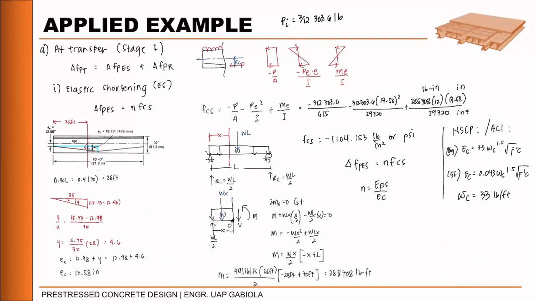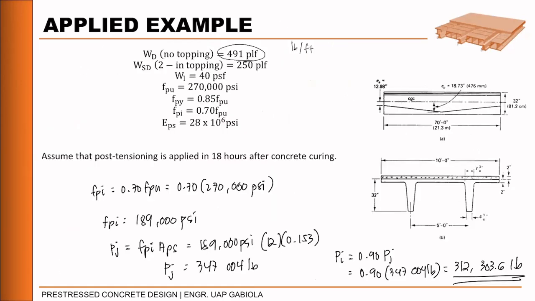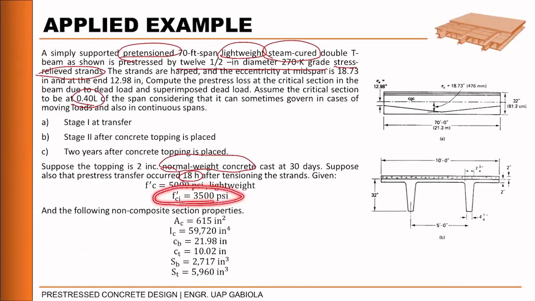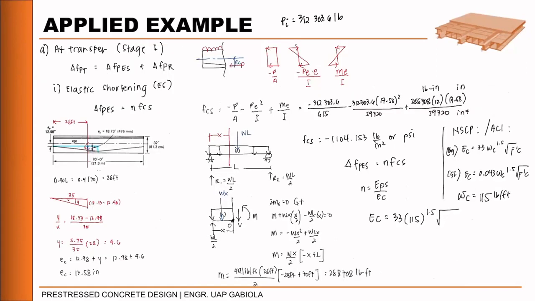So, kailangan kunin natin si EC. EC is equals to 33. Hindi pala 33, no? 115. 33 times 115 raised to 1.5 square root of kung ano yung FC prime natin na initial. So, ito yung initial natin, 3,500.